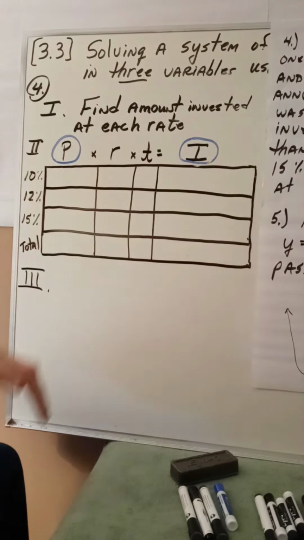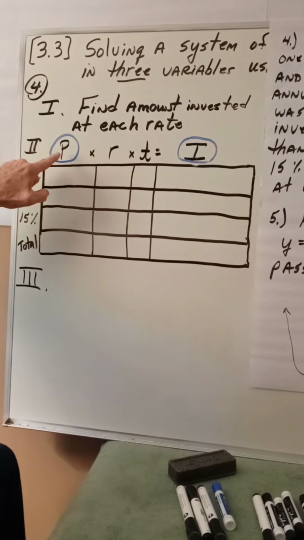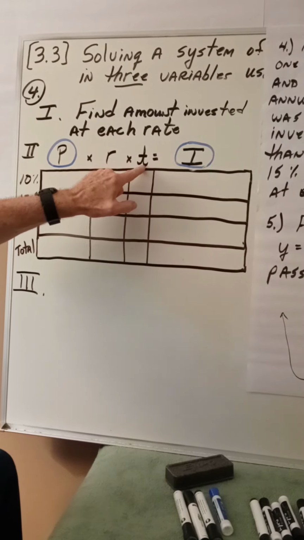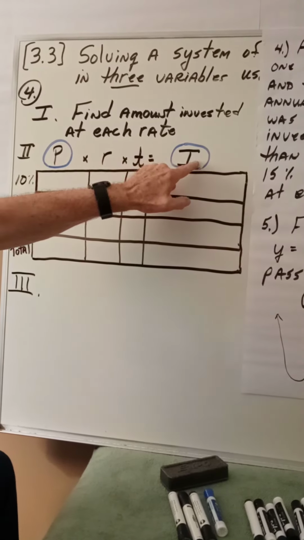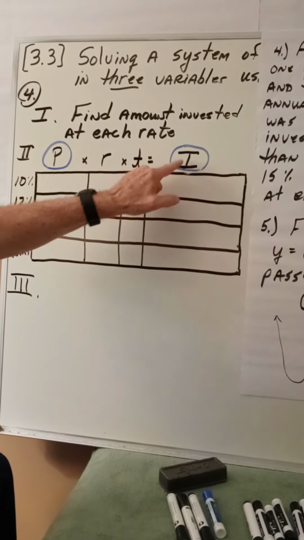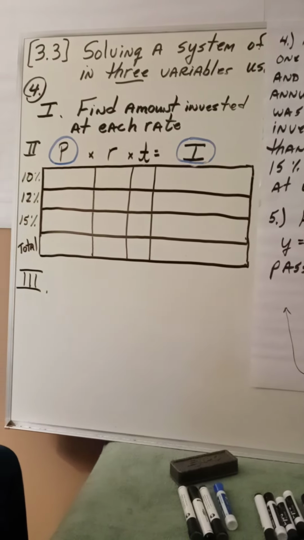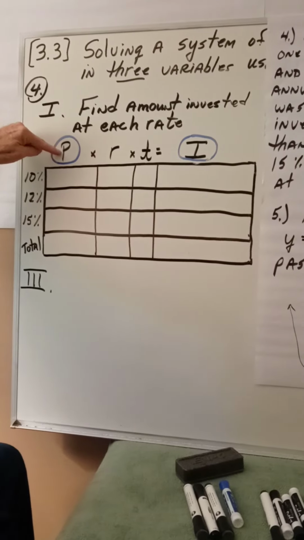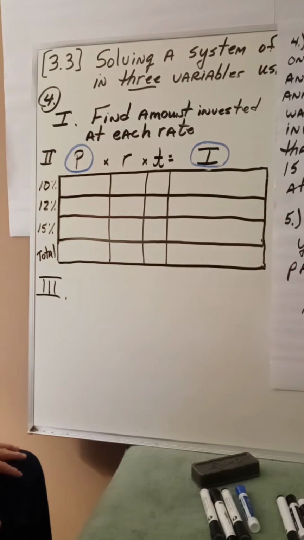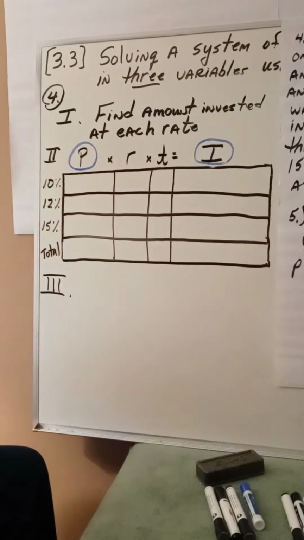The titles of the columns are the parts of the simple interest formula. Principal multiplied by rate multiplied by time is equal to interest earned, or income earned. The interest earned is the income earned by the person that's investing the money into the accounts. The principal represents the amounts of money that he's putting into each of those accounts. Now the question is saying, find the amount invested at each rate.